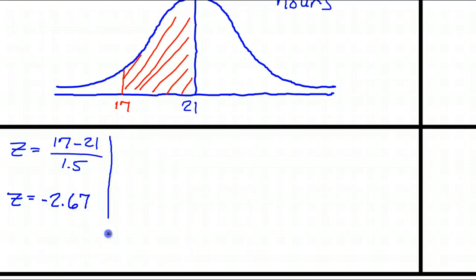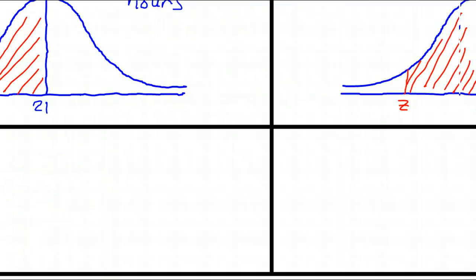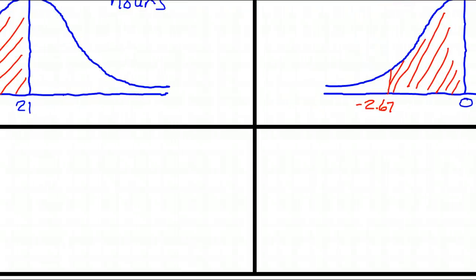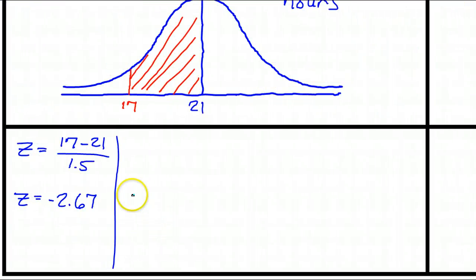Okay, so there's my z-score. Let's go ahead and record that on the z-score picture. Negative 2.67, so that's more than 2 standard deviations to the left, coming up on 3 standard deviations to the left.